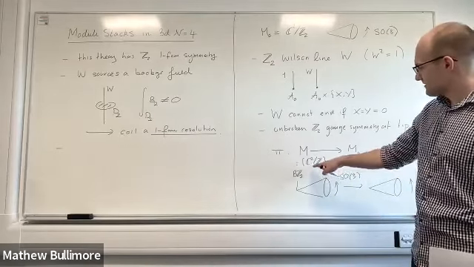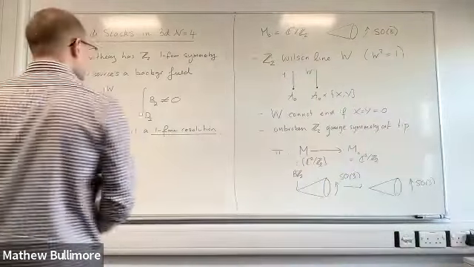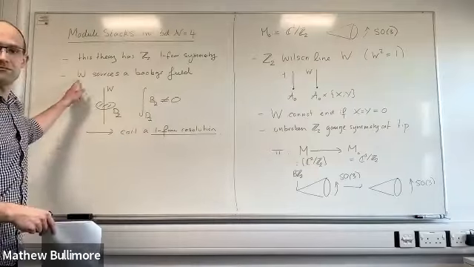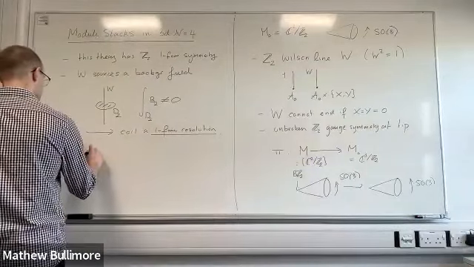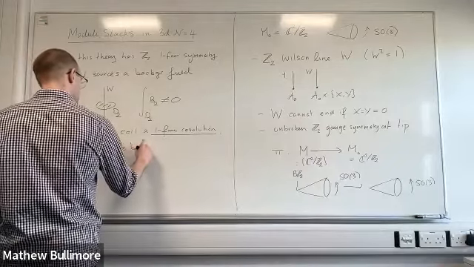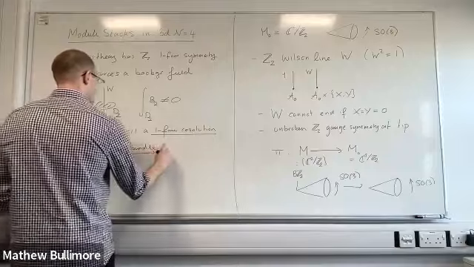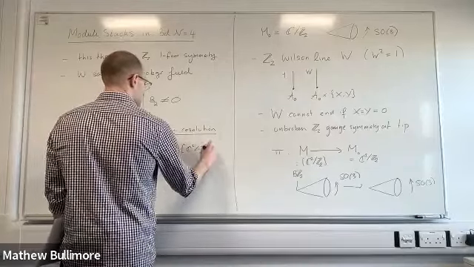But the point is that the stack has a non-trivial line bundle on it, and that line bundle is nothing but W. So we should think about W as a line bundle on the moduli stack.